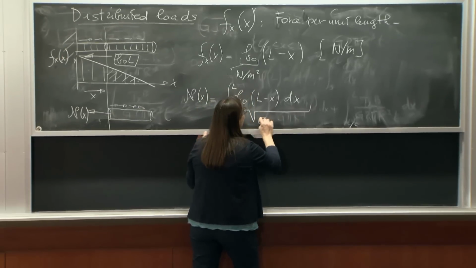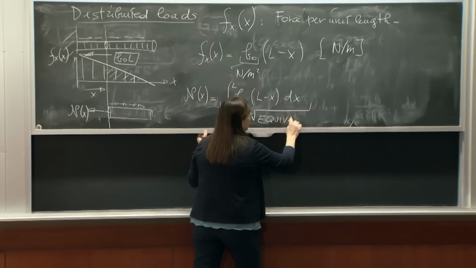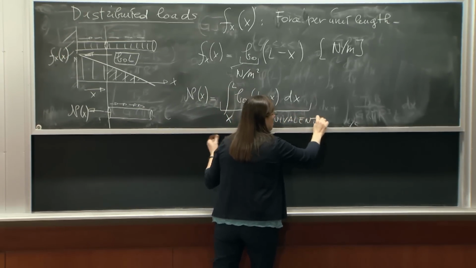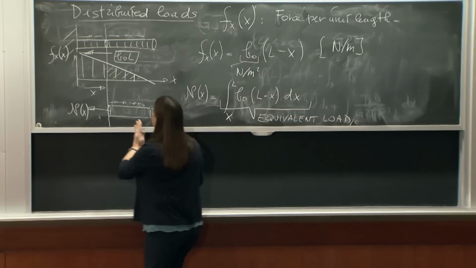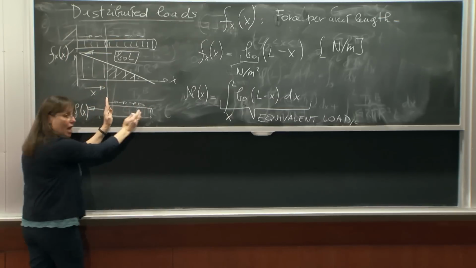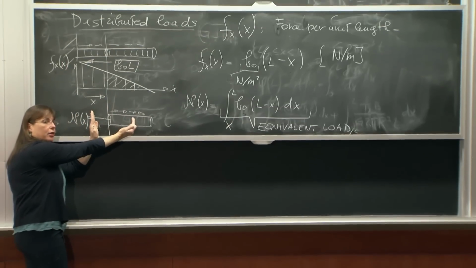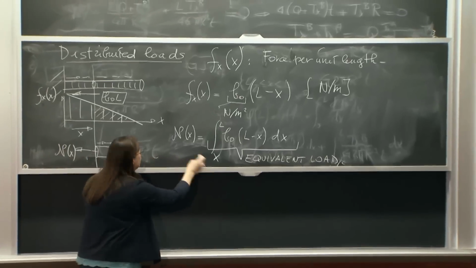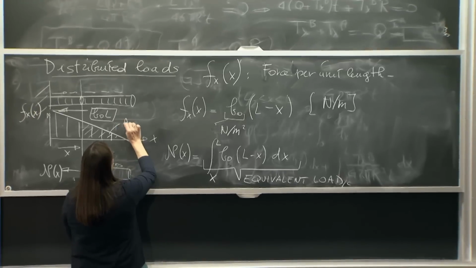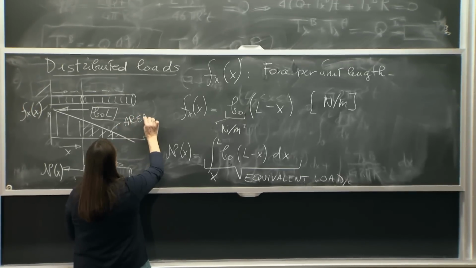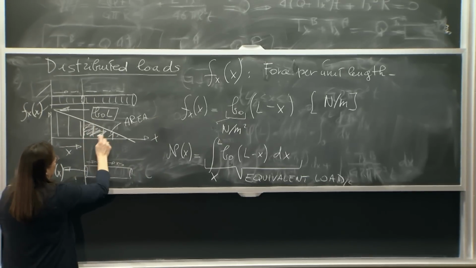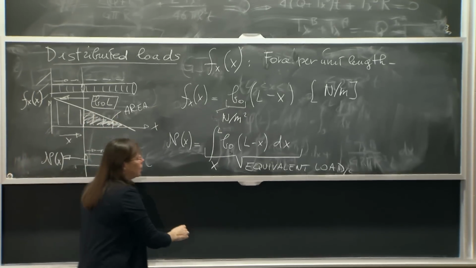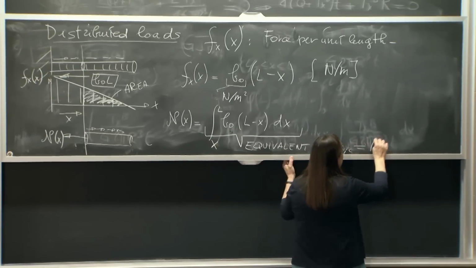This is the equivalent load, the equivalent load that comes from this f of x on this chunk of the bar. What is that? It's the area under this curve, this area from where you are to the end of the bar, this thing. This is the equivalent load, is the area.